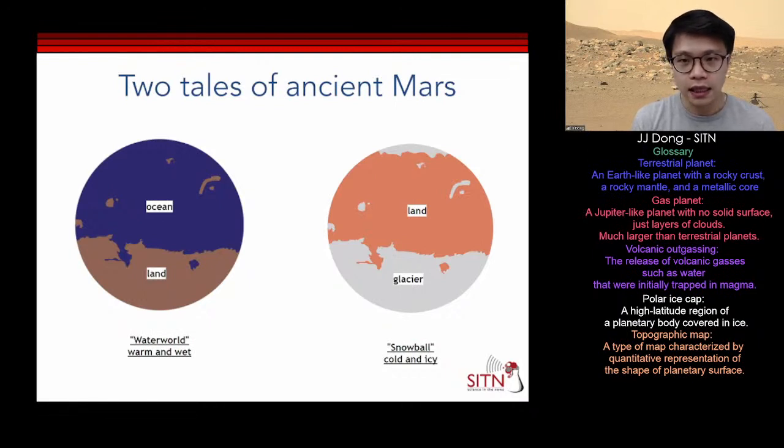In that case, we lose our blue early Mars, and we would end up with a snowball Mars in the past instead. One thing I would like to highlight, though, is that no matter whether water was present in liquid form or in glaciers in a solid ice form, all evidence suggests that the Mars surface had much more water than what we have on the Martian surface today.